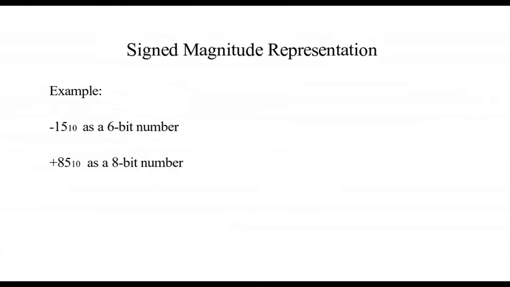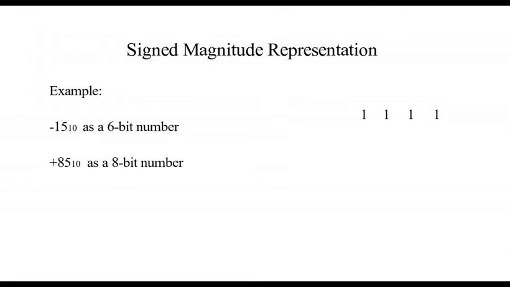Okay, let's have an example here. Negative 15 in base 10 as a 6-bit number. So let's try to write this decimal number in binary. 6-bit daw siya, so we're going to write down 6 binary digits. We have 15, so this is going to be 1, 2, 4, 8. So 8 plus 4, 12, 13, 14, 15.